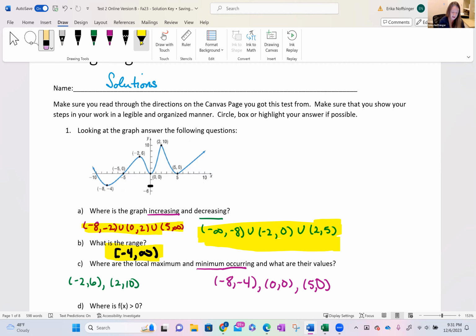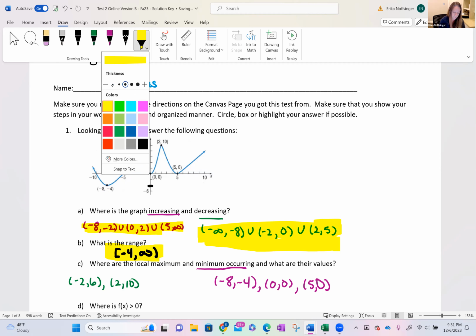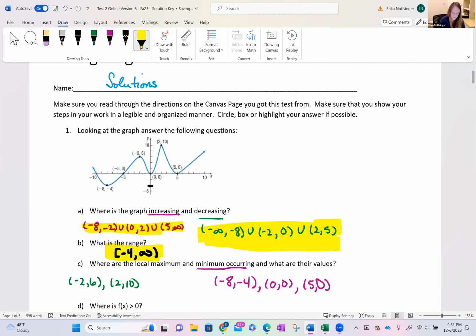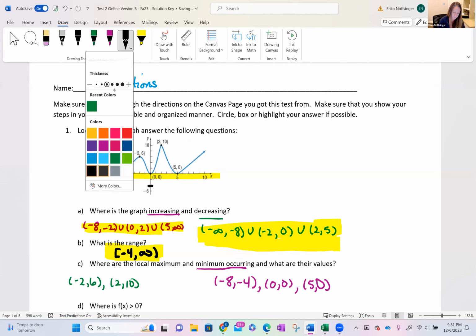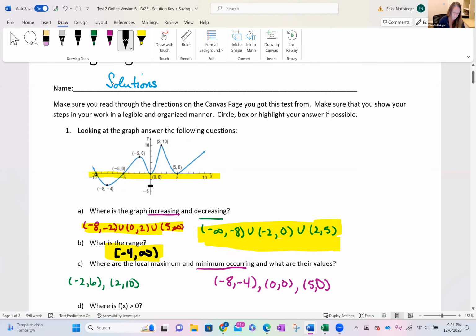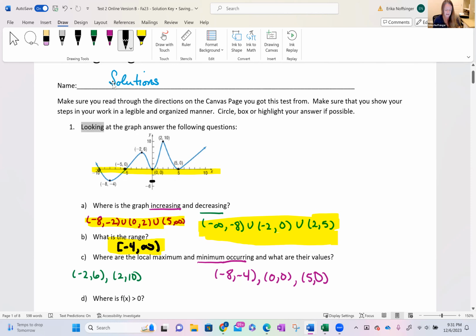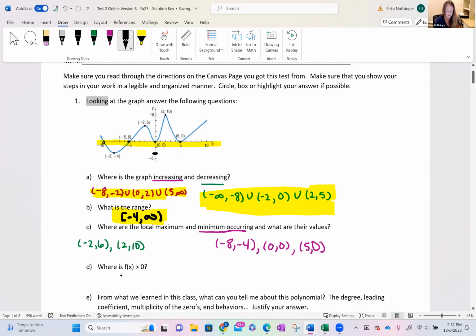And so looking at my x-axis, I'm looking at the y values where it's above. And so looking at my x-intercepts, I can see that it's above between -infinity.